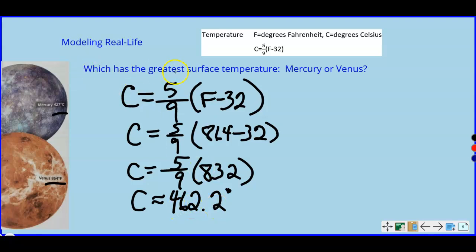So it says which has the greatest surface temperature. All right, so Venus 462 is greater than 427. So Venus would have the highest or the greatest surface temperature.